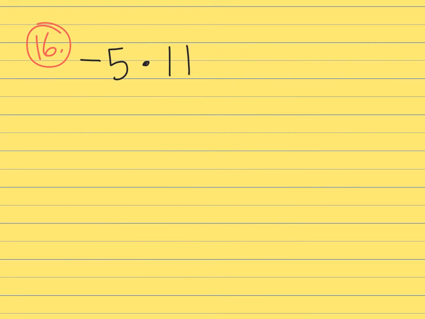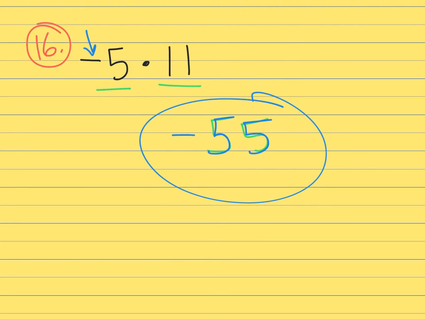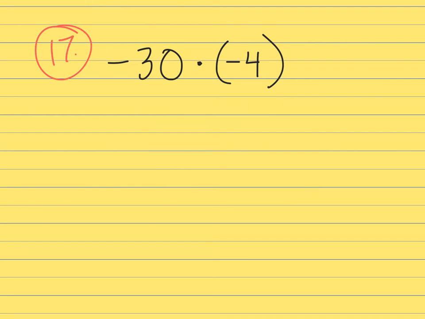Alright, this is a multiplication of integers. When you multiply integers, all I have to do is multiply like normal and then count the signs. So I know that 5 times 11 is 55. Let me get that a little darker. 55. And there's 1 negative sign, so it's negative 55. This is multiplication of integers.